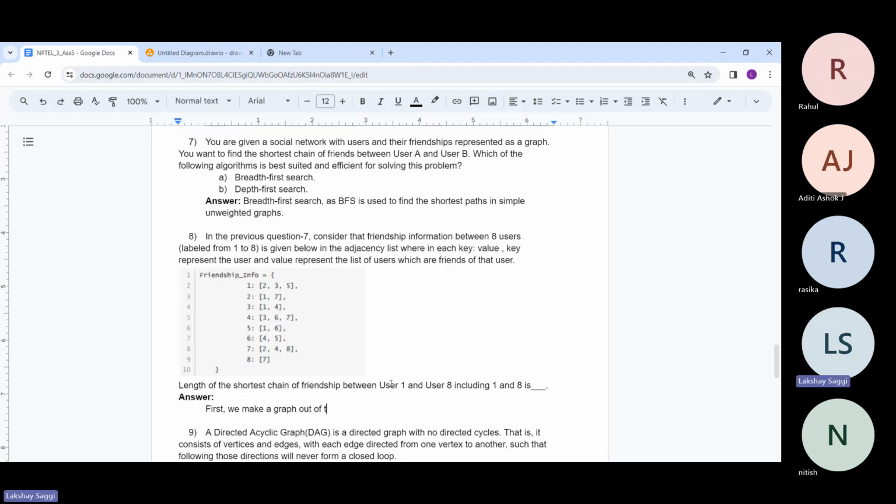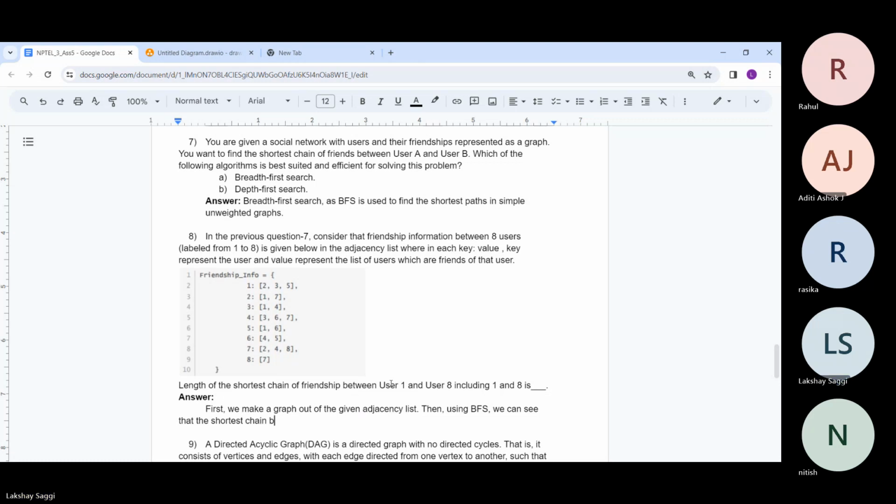Then using BFS, we can see that the shortest chain between 1 and 8 is 1, 2, 7, 8, which is of length 4.